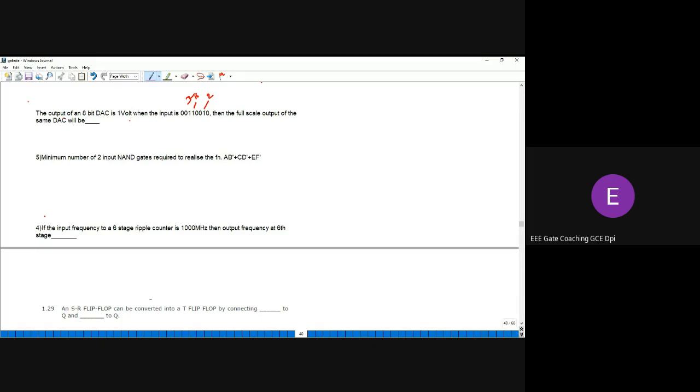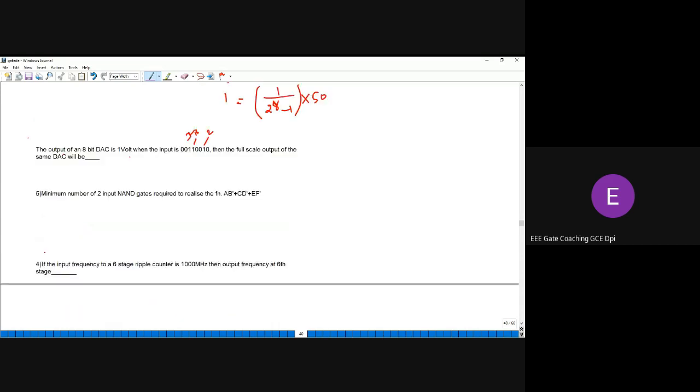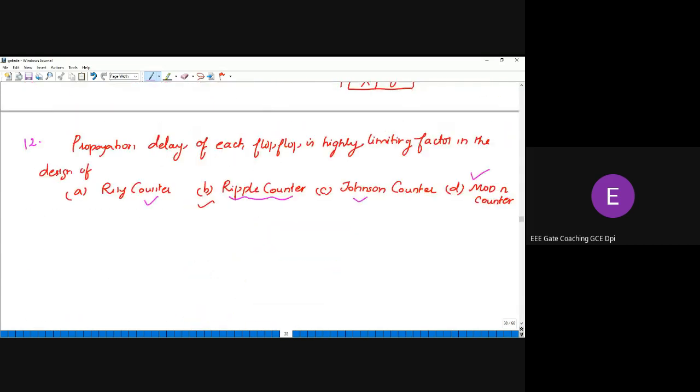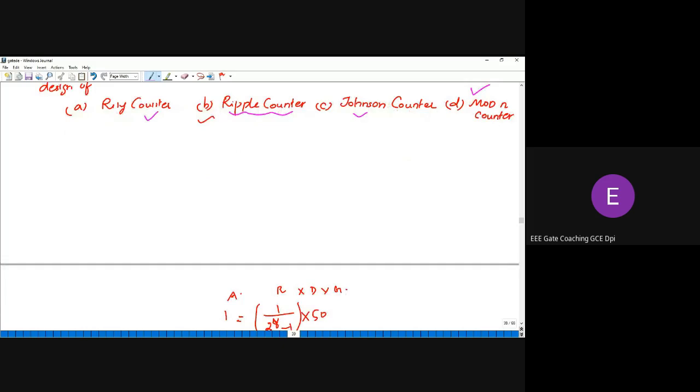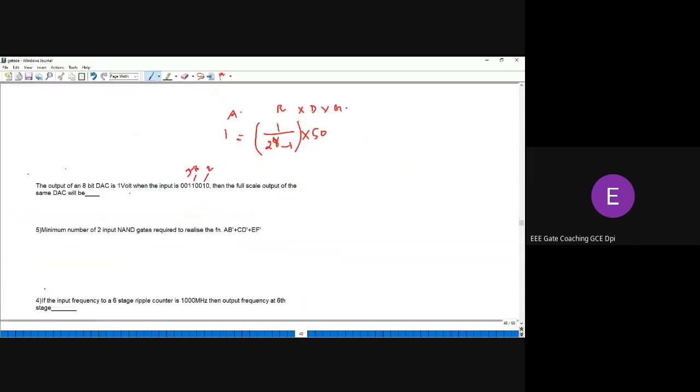So let me come to this next problem. It is the 13th problem. What is the minimum number of two input NAND gates which are used to realize AB bar plus CD bar plus EF bar?